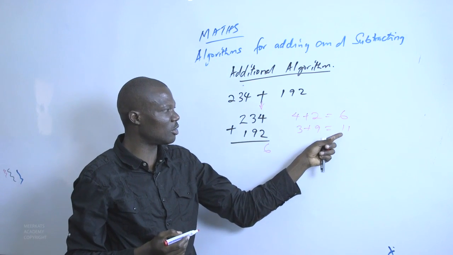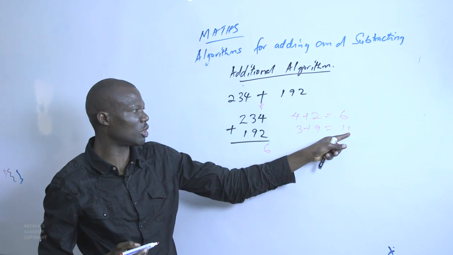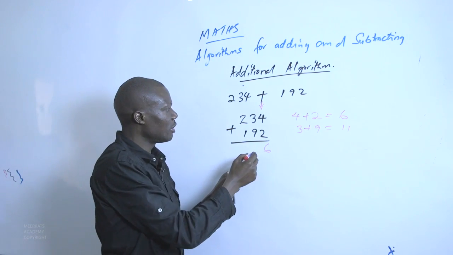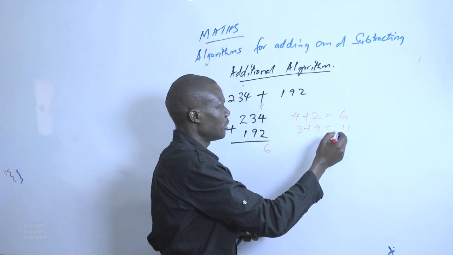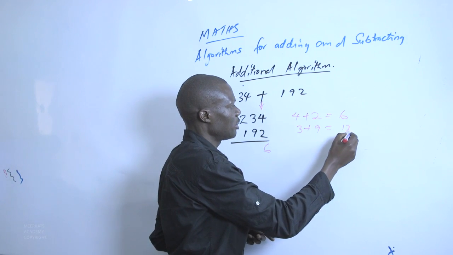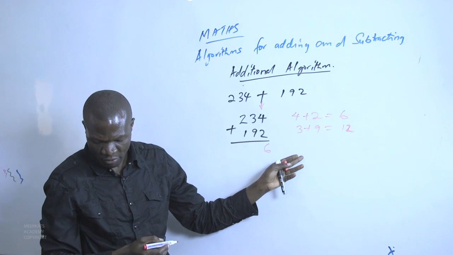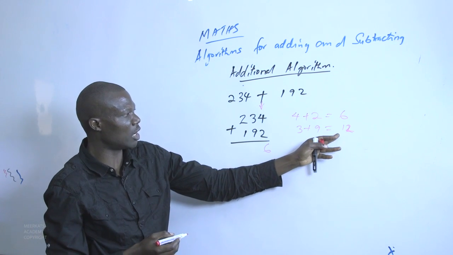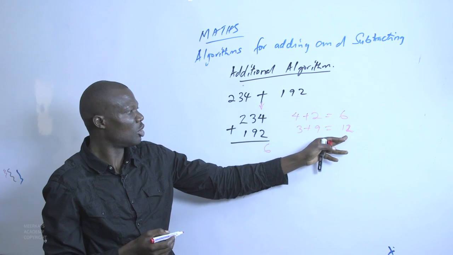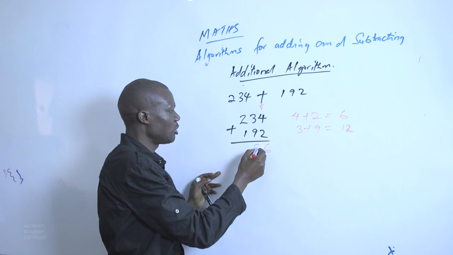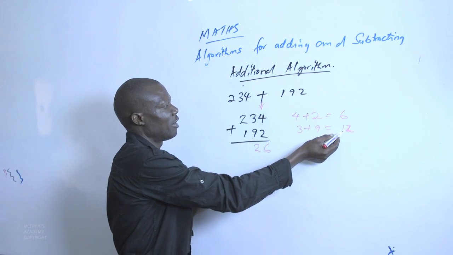The digit we have here is a 1, but 2 remains, so we shall maintain 2 here, but we carried 1.